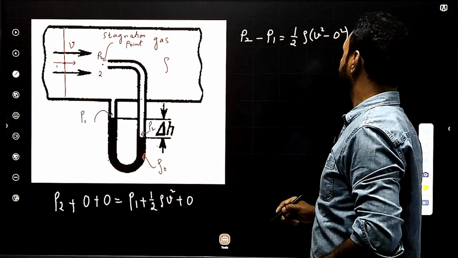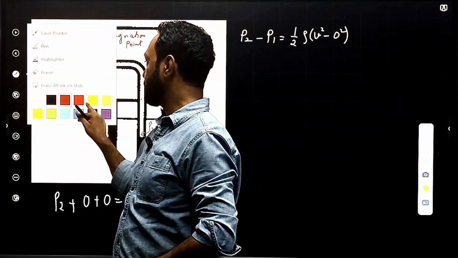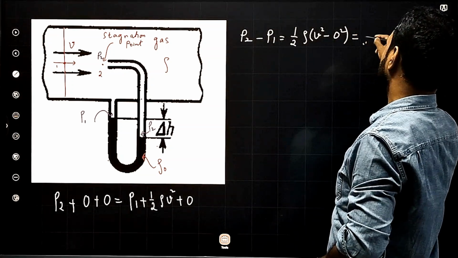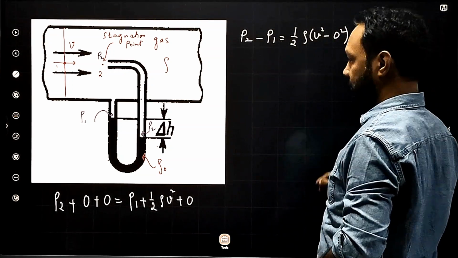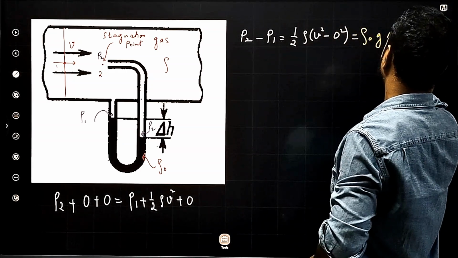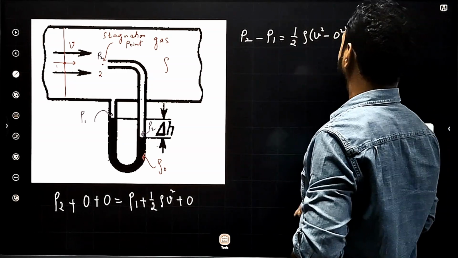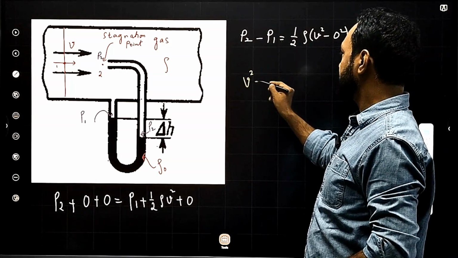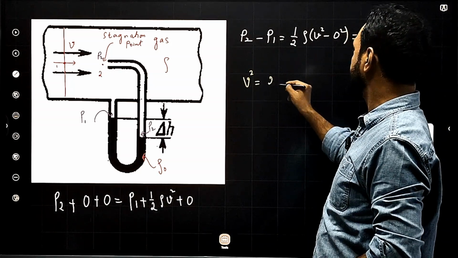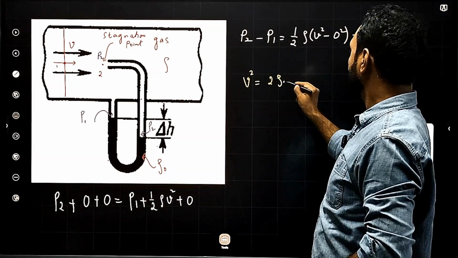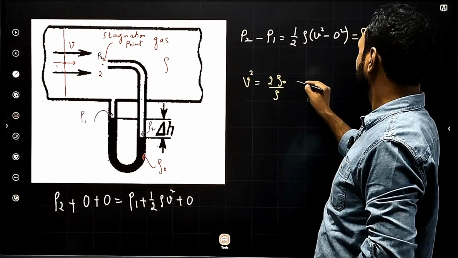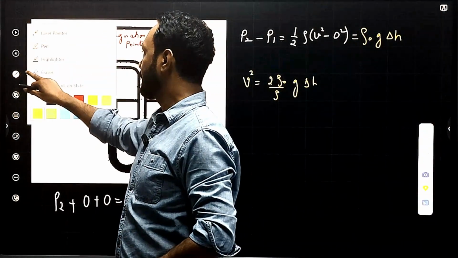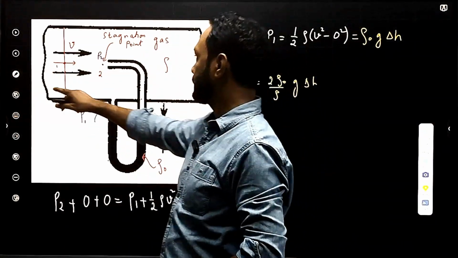So this P2 minus P1 can be written in terms of liquid density as rho naught G delta H. So from here I'll get V square equal to 2 rho naught by rho G delta H, and if I take the square root, I'll get V.